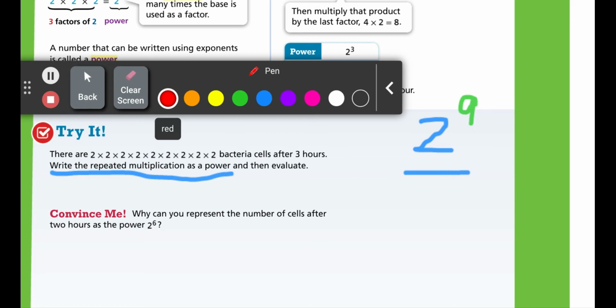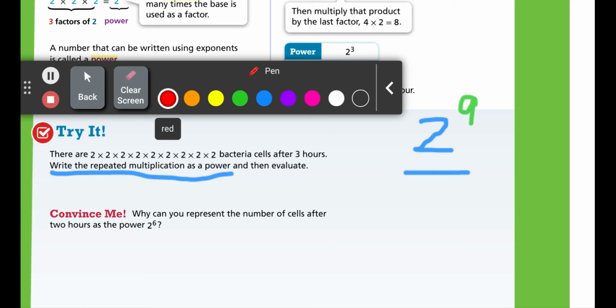2 times 2 is 4. 4 times 2 is 8. 8 times 2 is 16. 16 times 2 is 32. 32 times 2 is 64. 64 times 2 is 128. 128 times 2, that's as far as I can get.